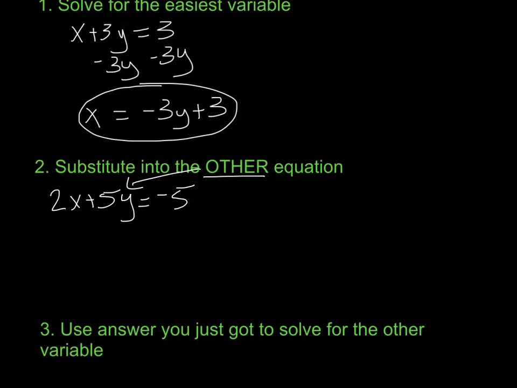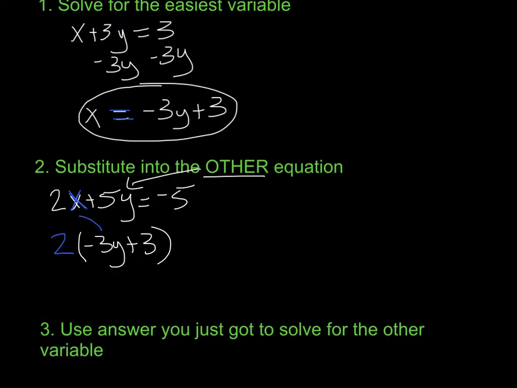Now, what I'm going to do is make a substitution. So right now, this says 2x plus 5y. But I know another way to talk about x. Because remember, x is the same thing as saying negative 3y plus 3. So I'm leveraging the equivalence I found up above, that x and negative 3y plus 3 are equal.